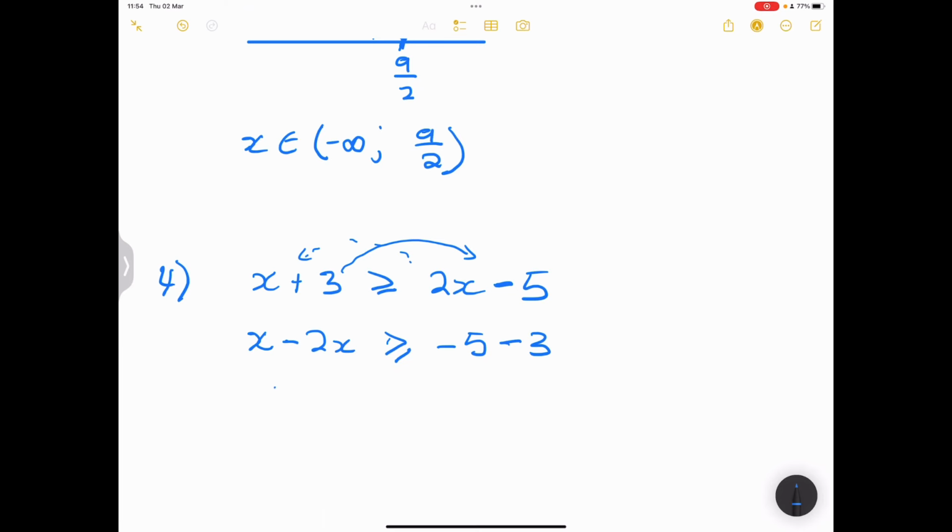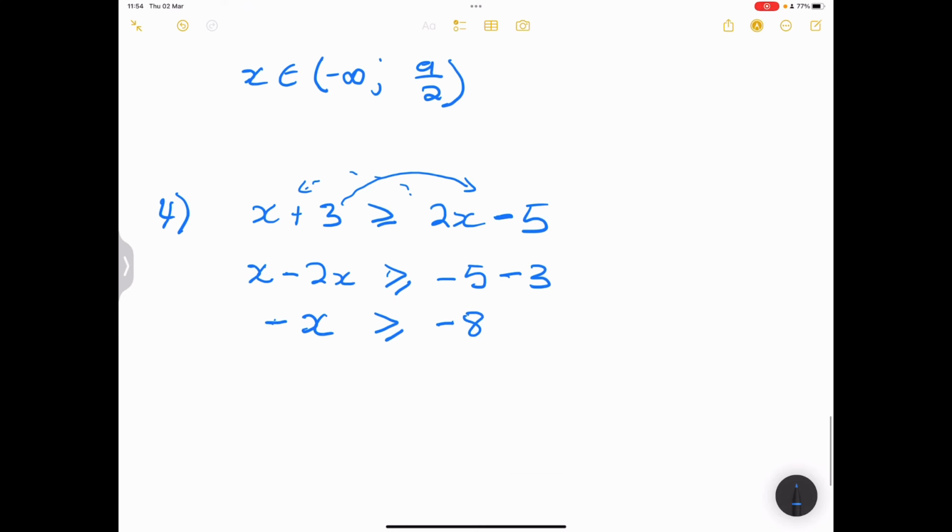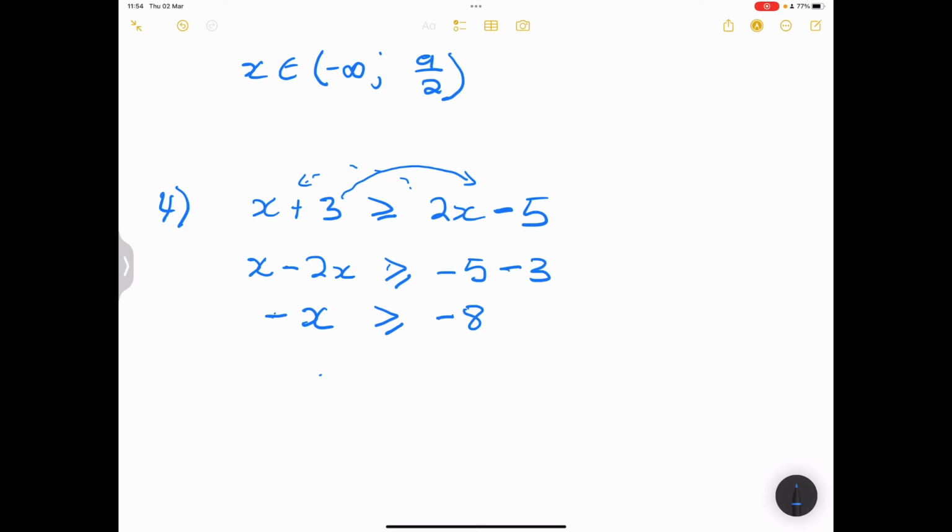And what happens? I end up with x minus 2x, which is minus x, greater than or equal to negative 8. Now, I'm going to multiply by the negative.